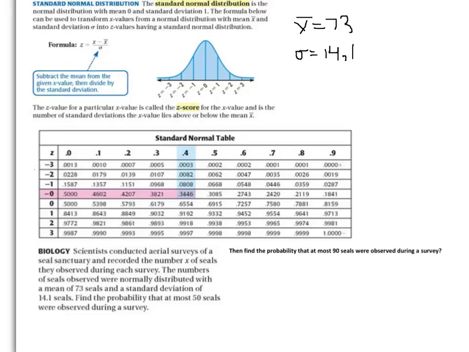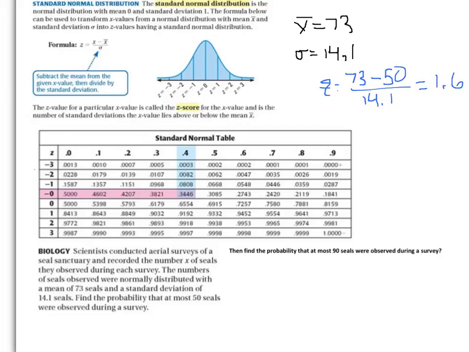You say 73 minus, what number are we looking for? 50, divided by the standard deviation, 14.1. That gives us our z-score. So 73 minus 50 divided by 14.1 equals 1.6. Why did I do tenths? Because that's what our table gives us. So I look at 1.6.